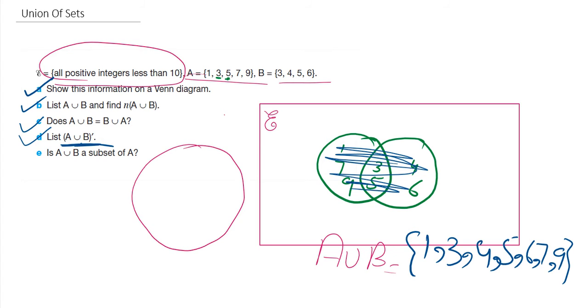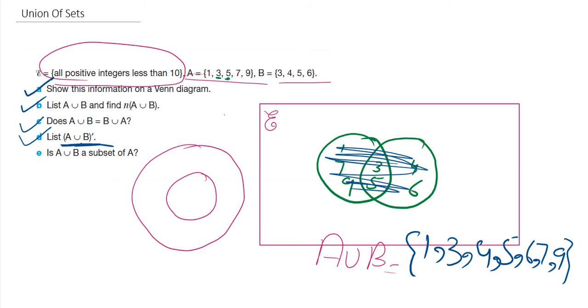No, it's not a subset of that because it doesn't contain all of those elements that are present in A. A subset must have all of the elements that are present in A. It can contain fewer or more elements than the subset, but the subset must have all of the elements that are present in A.